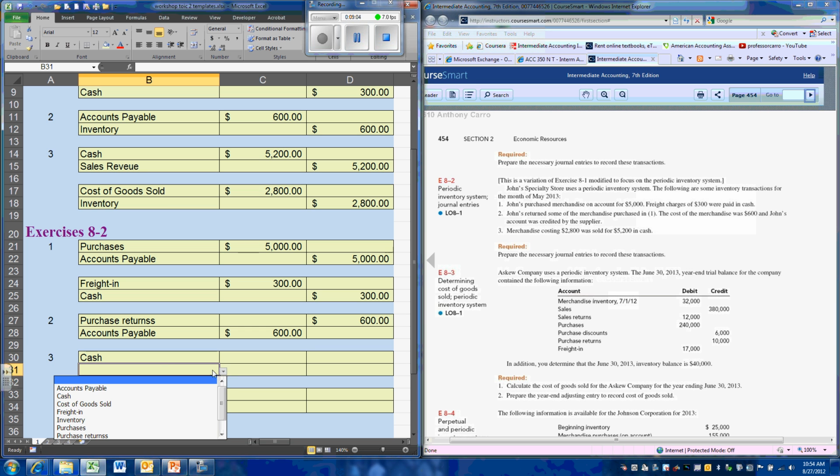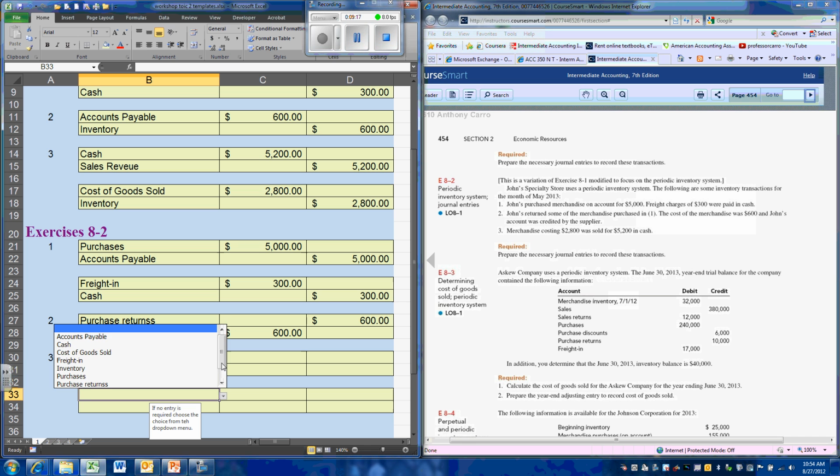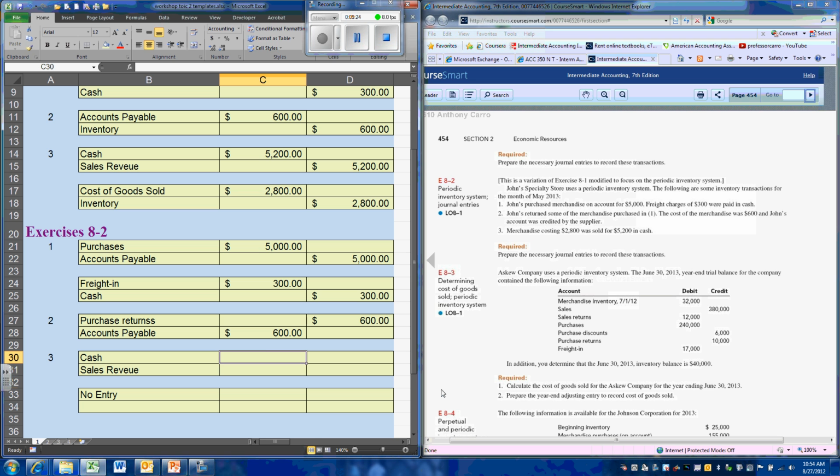The other side of that will be sales revenue. We do not recognize cost of goods sold or make any adjustment to inventory at the end of the period. So no entry is made for those accounts. Instead, we simply recognize the $5,200 in cash and the revenue that we recognized from that transaction.